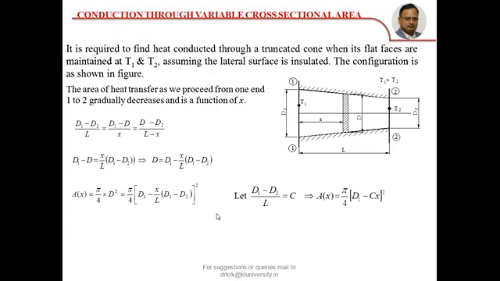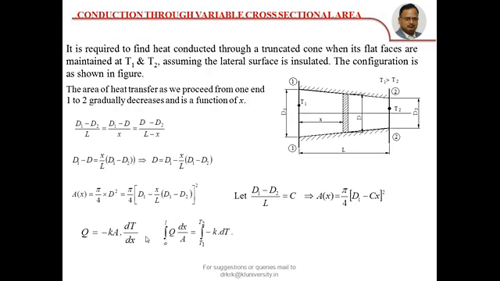Now for the purpose of simplicity, let (d1 minus d2) by L be C. Therefore area becomes pi by 4 (d1 minus Cx) whole square. Now applying the Fourier law of conduction, Q equal to minus K A dT by dx, and area is a function of x, so you can't separate them.